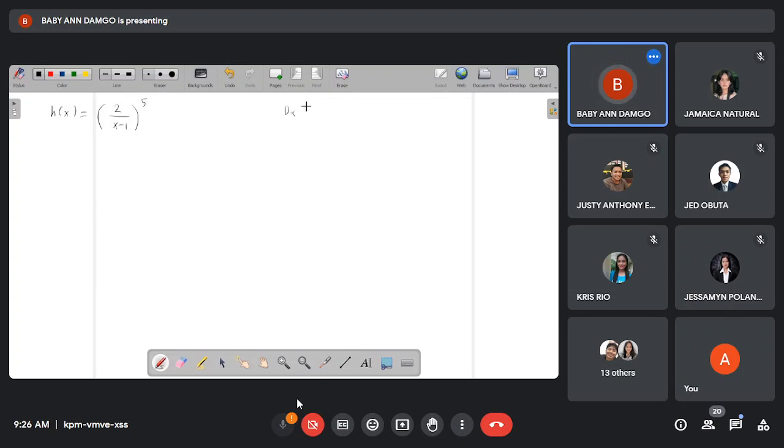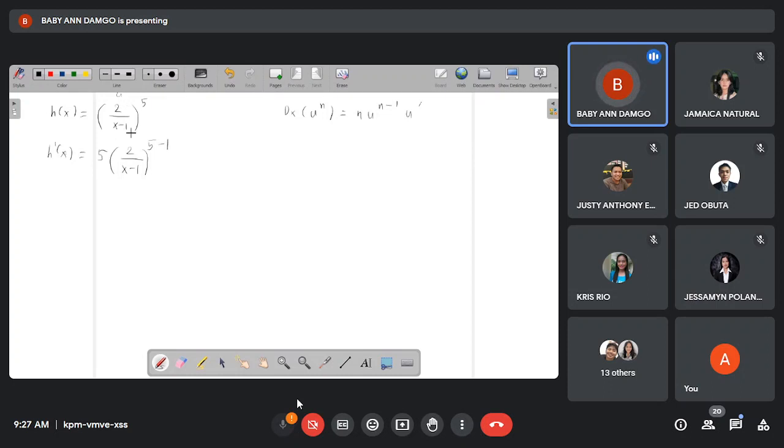So this is u to the n, which is n times u to the power of n minus 1 times u prime. Okay, so the derivative is equal to kani. So this is 5 times 2 over x minus 1 to the power of 5 minus 1.